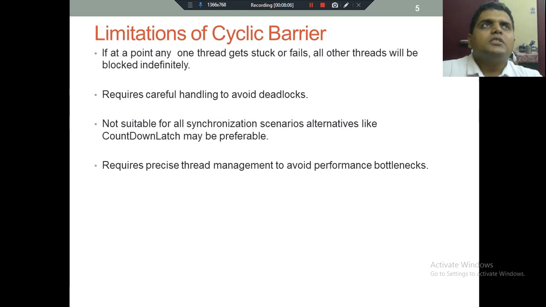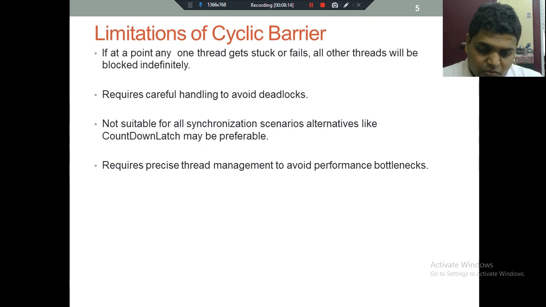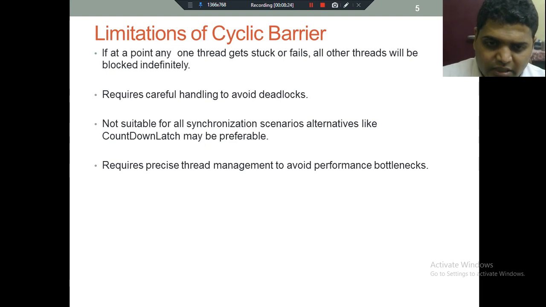Considering the limitations of a cyclic barrier, if at any point one thread gets stuck or fails, all the threads will be blocked indefinitely. Suppose there are 5 threads, and amongst them the third or the second thread has some issue and fails, and it's unable to join the barrier point.